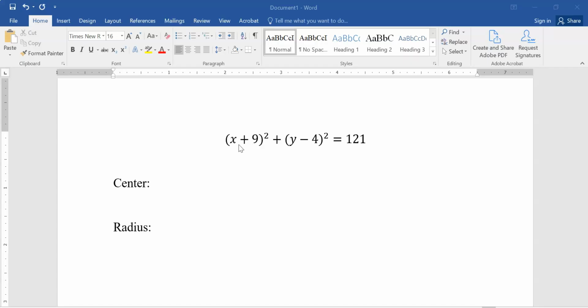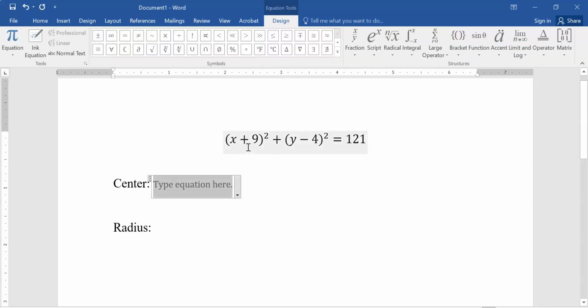So here we go. This equation is in the perfect form as far as equations of circles go. We call that the standard form, but that means it's going to be really easy to just read off our center and radius.